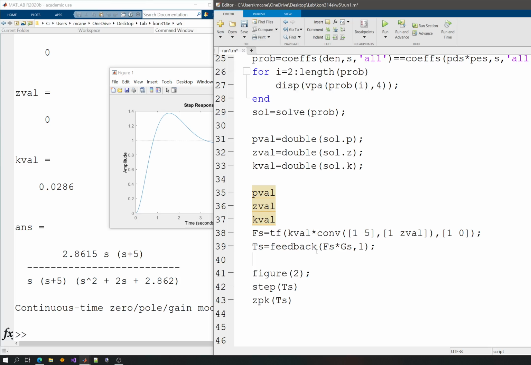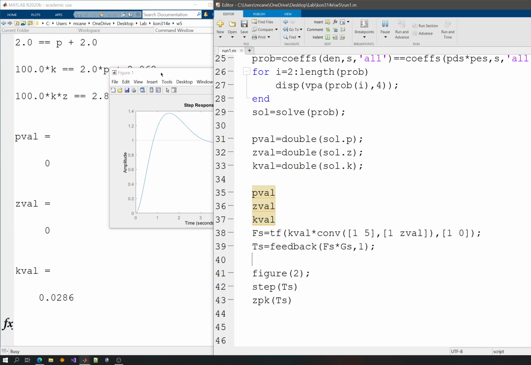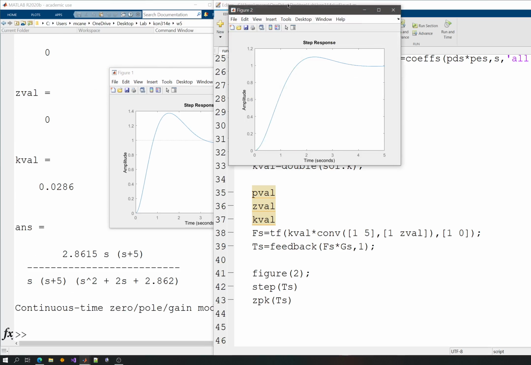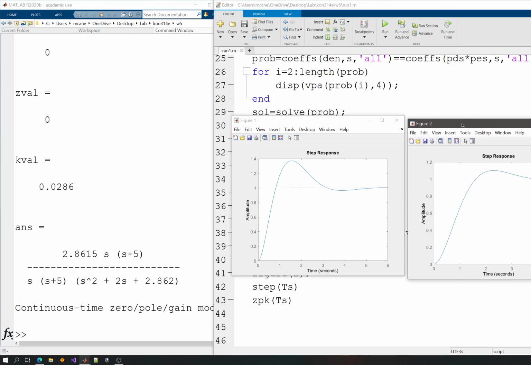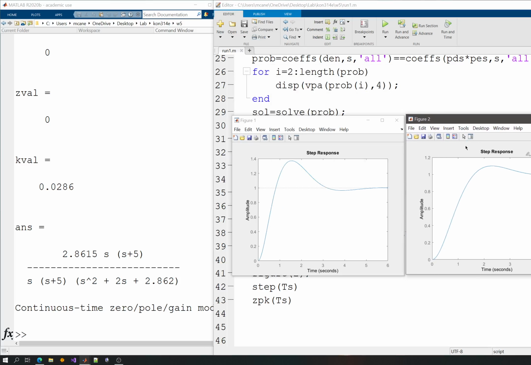So maybe I should open this up and run this. Now you might say that this looks like a good idea, since it has a lesser value here. You can see that it has 10% overshoot, by the way. Delete that. It has 10% overshoot.